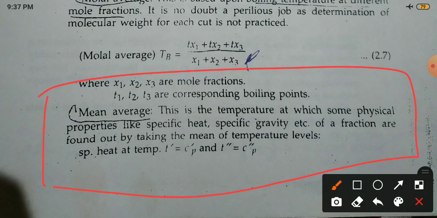Mean average: this is the temperature at which some physical properties like specific heat and specific gravity of fractions are found out by taking the mean of temperature levels, and the specific heat relation is: at T' it is C'P and at T'' it is C''P.